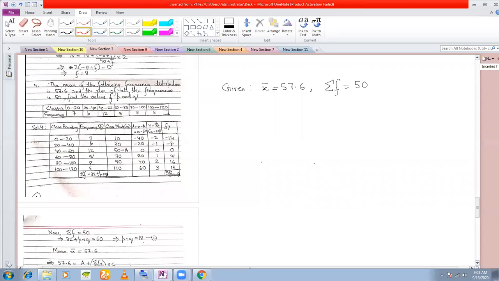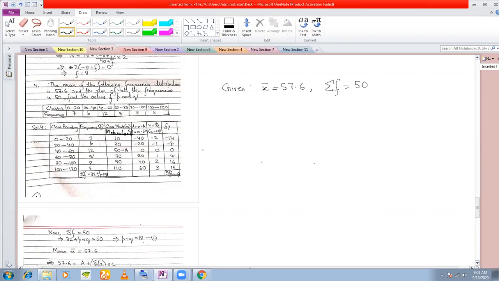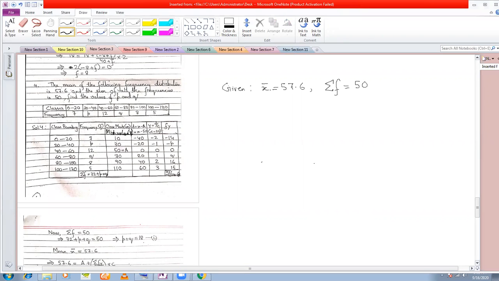Since it is a frequency distribution, we shall calculate the class mark, or the mid values x.